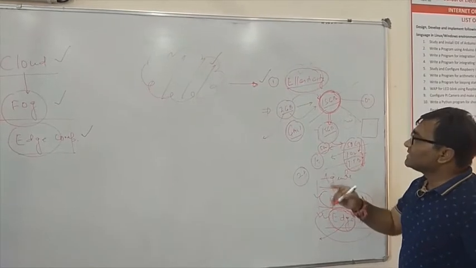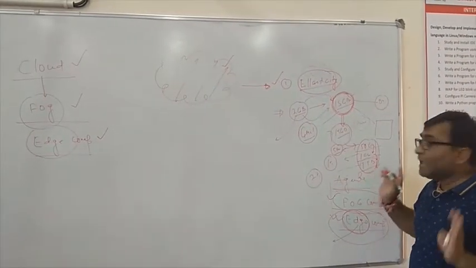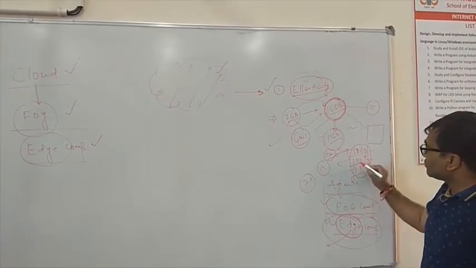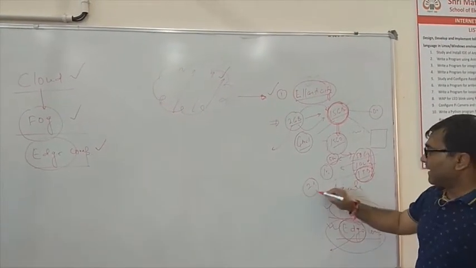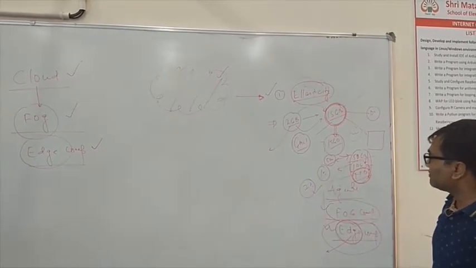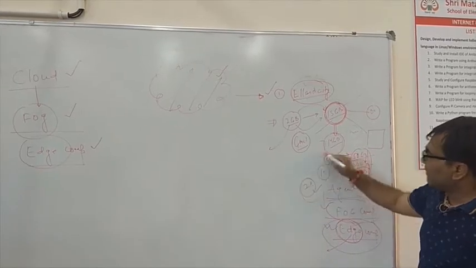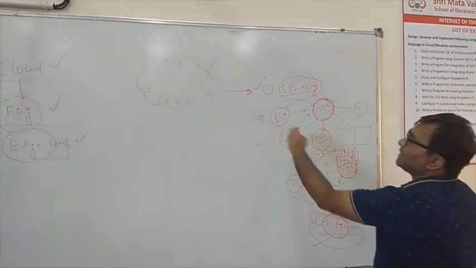So the second concept related with the cloud is pay per use. That means if you want to use 1 terabyte, pay 2000 rupees; 100 GB, pay only 1000; and 50 GB, only 500. So the second property is pay per use, right?